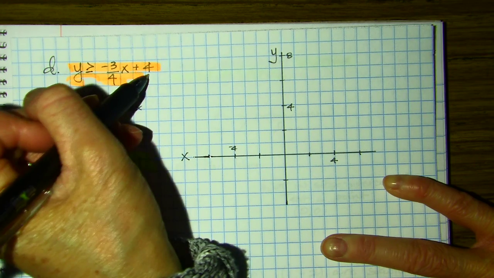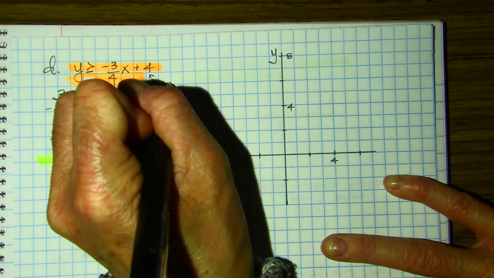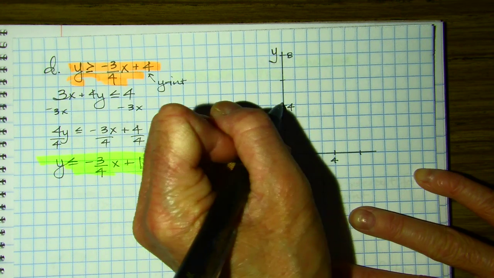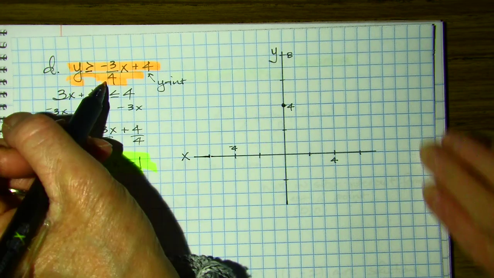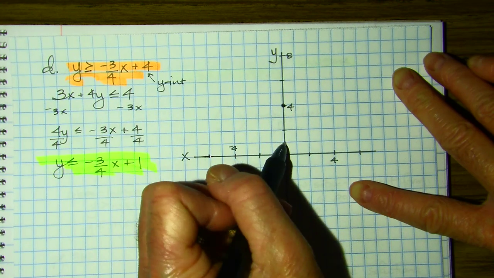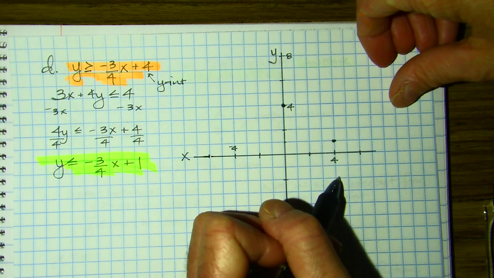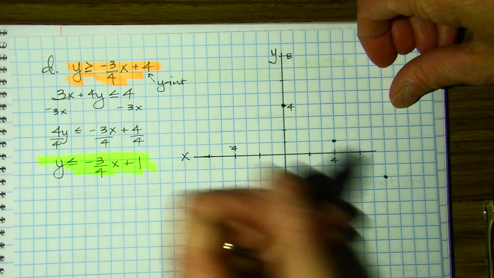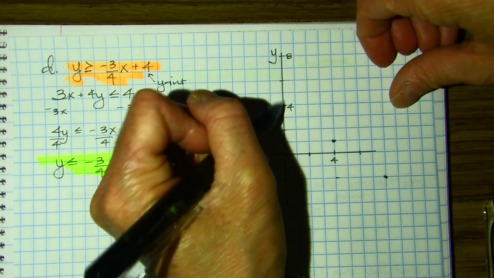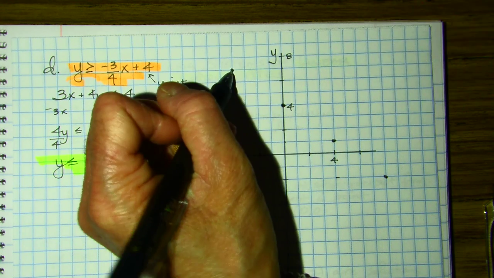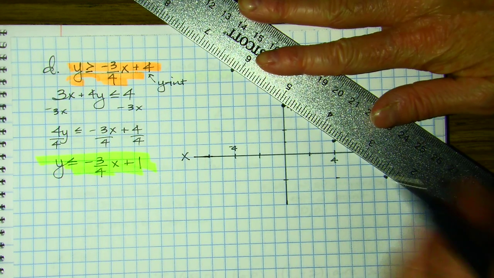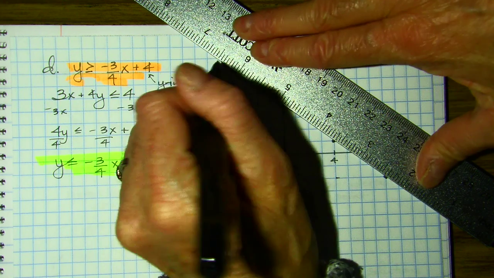I have a y-intercept, meaning it's on the y-axis at positive 4. I have a negative slope, so down 3 to the right 4. Down 3 to the right 4. I'm going to go back to my y-intercept and go in the reverse. Because it's equal to, I know it's a solid line.